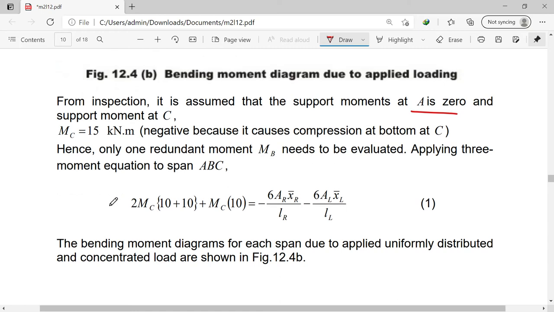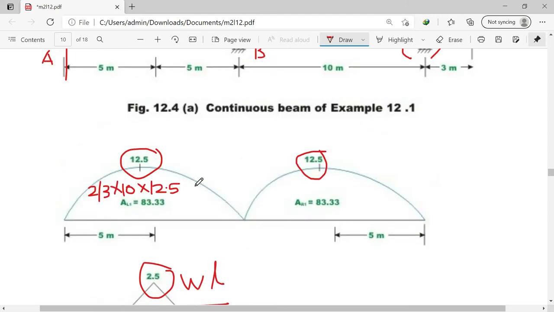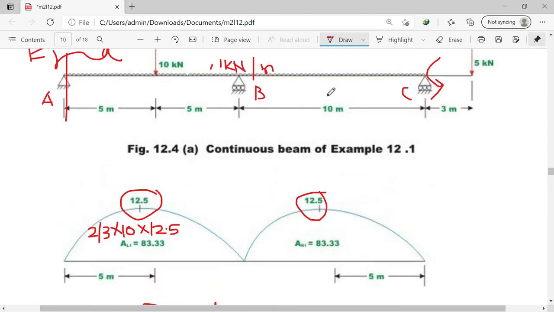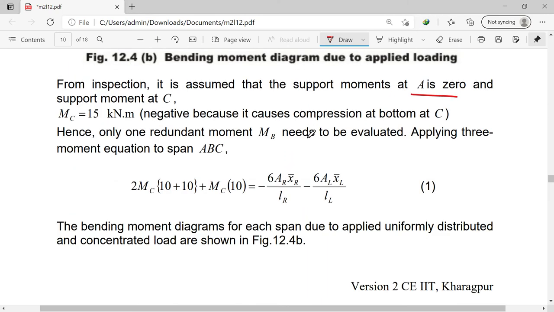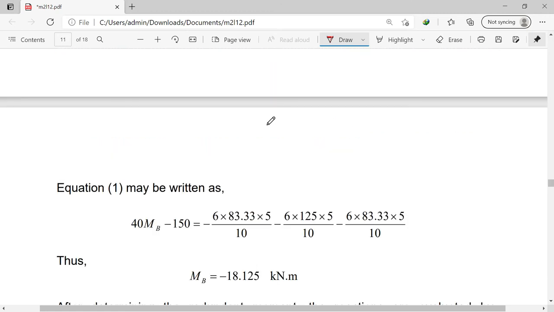Now we apply the three moment theorem for the span ABC. This is ABC. So, 2MB(10 plus 10) plus MC times 10 is equal to minus 6AR XR bar divided by LR minus 6AL XL bar divided by LL. Now we have to put in the respective values.